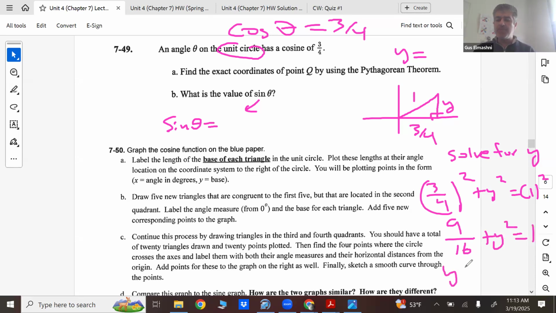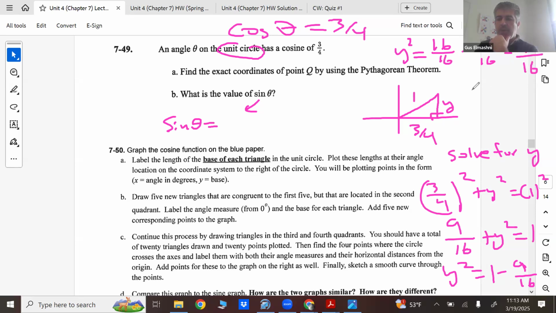Okay, when you get 9/16 to the other side, you're doing 1 minus 9/16, right? How do I convert 1 to a fraction? 1/1. Okay, good. Now make 16 the denominator. Good. So y squared will be 16/16 minus 9/16, which becomes 7/16.